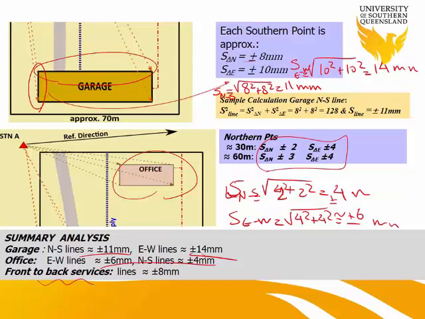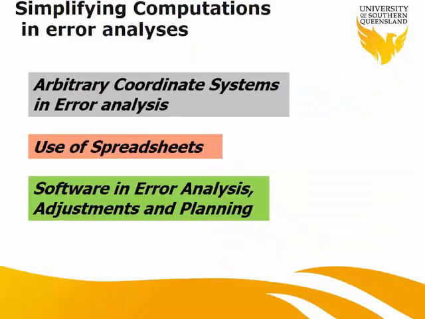And then you can do front and back of the service. You can do the same thing and get the relative uncertainties for each of those lines. So you can have the absolute uncertainty for each of those points using the formula of error propagation, and then you can have the relative uncertainty for each of these lines.